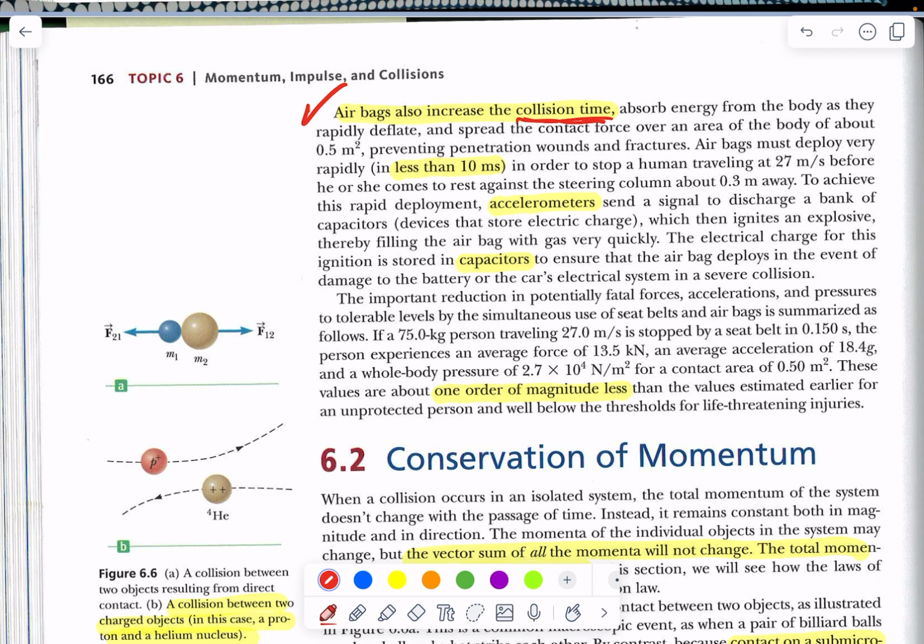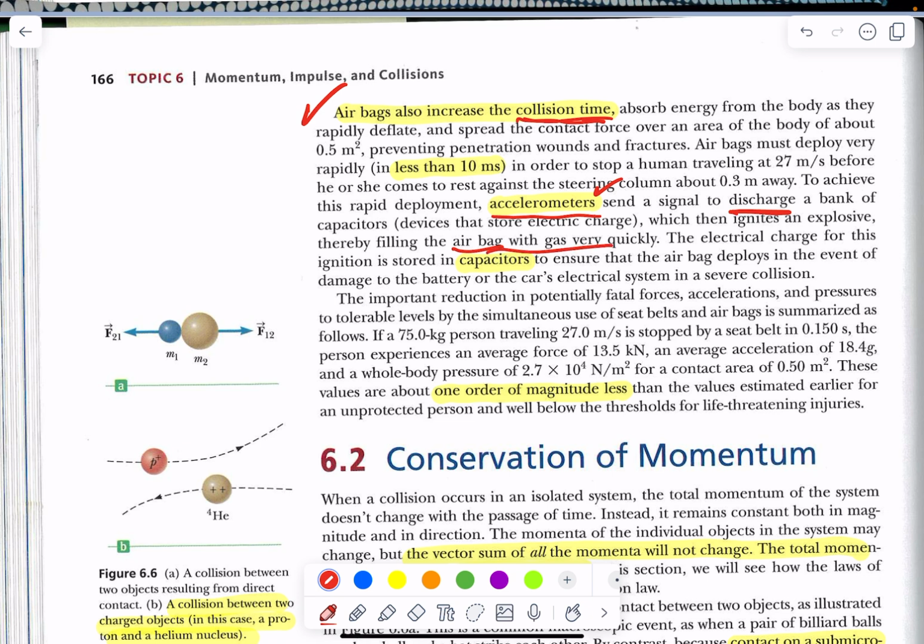We deploy accelerometers when we study this, and you've already used an accelerometer in one of your labs. And the way that we inflate this bag very, very quickly is the accelerometer, when it senses a sudden change in acceleration from stopping, it sends a signal to ignite a small explosive charge that fills your airbag with gas very quickly.